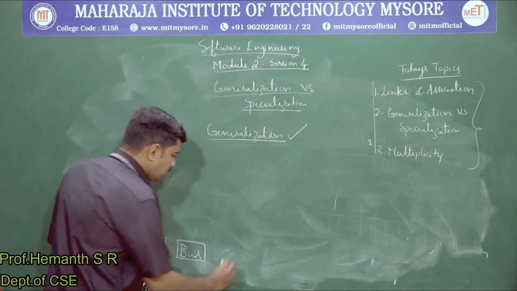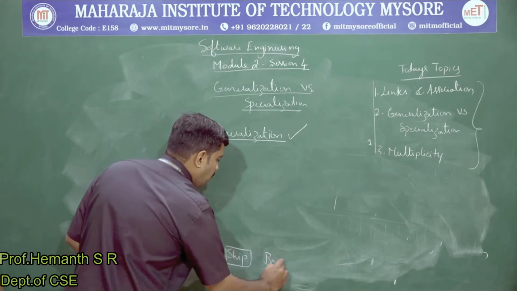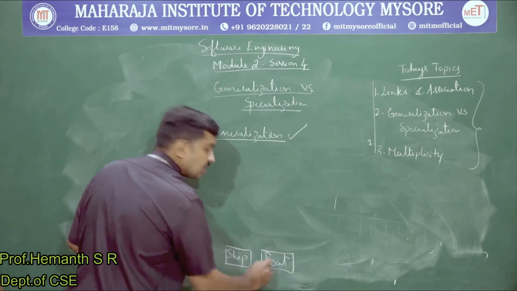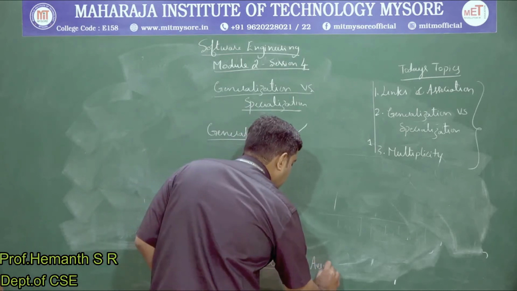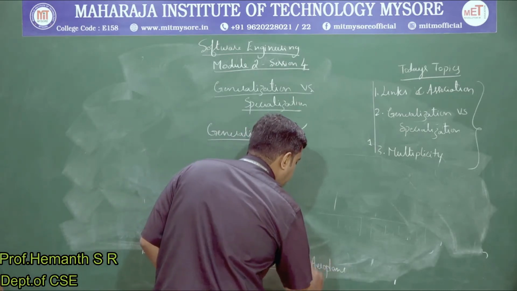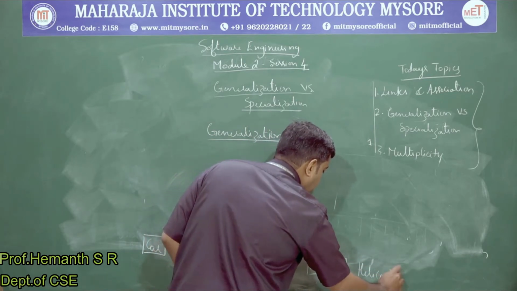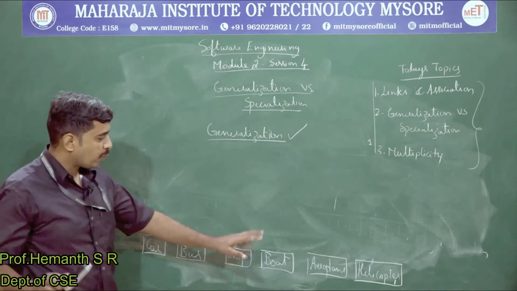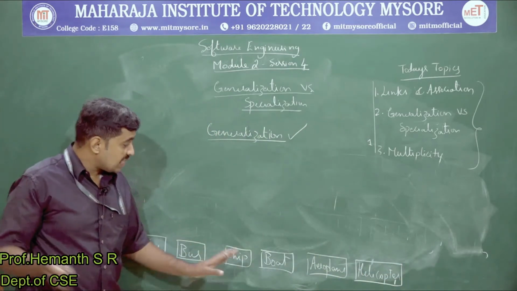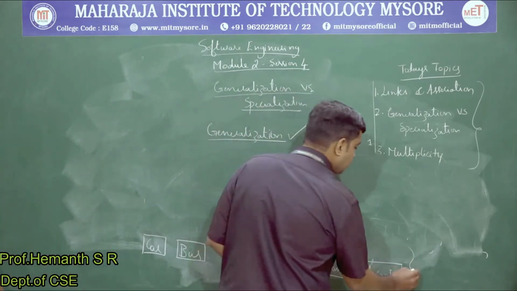Ship, boat, two more subclasses. So one more set of subclasses we have created, aeroplane and helicopter. So these are the specializations that we have.